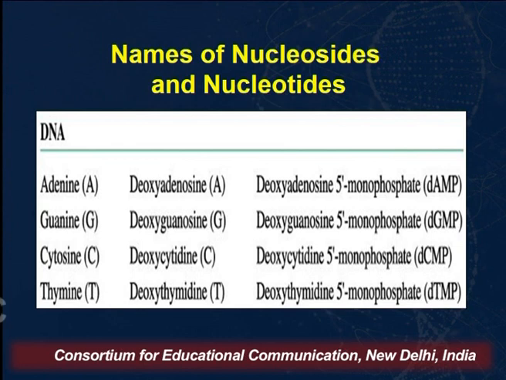So what we've done here is, in RNA we have adenosine 5'-monophosphate, whereas in DNA this would become deoxyadenosine 5'-monophosphate. Similarly for cytosine, this would be deoxycytidine, and that is the nucleoside, and the nucleotide would be deoxycytidine 5'-monophosphate. So this is how we will do the systematic naming of nucleosides and nucleotides.